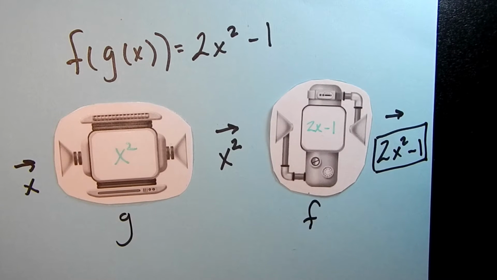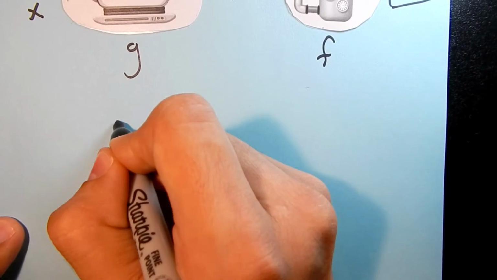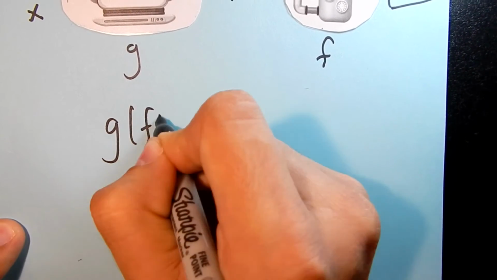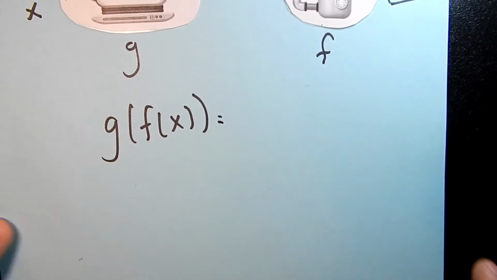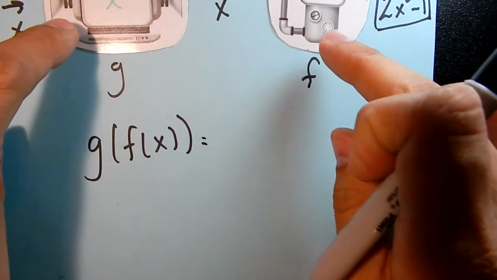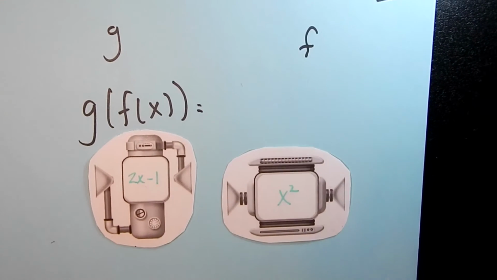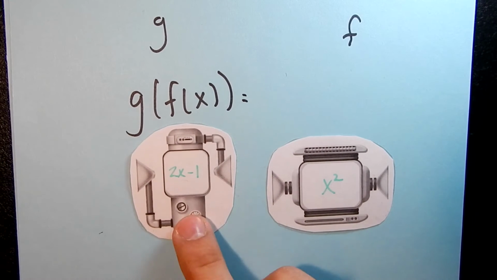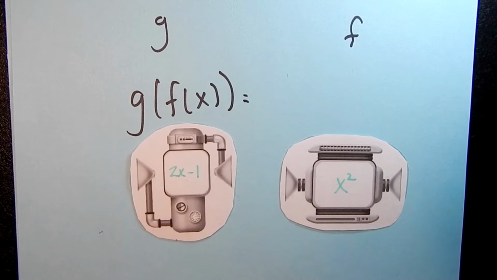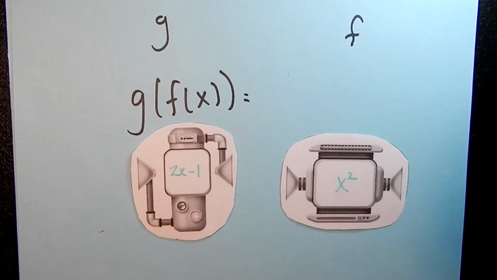Okay, so what happens if we do it in the other order? Do we get the same thing? What about g of f of x? A lot of times when we're doing things mathematically, we tend to encounter this concept that basically states when we do something one way and we do it backwards, we get the same thing.